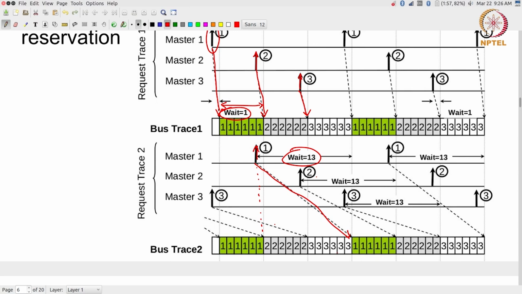All those issues can have impacts on the latency. In other words, this can potentially lead to high latency, right? But as far as fairness is concerned, it is a much fairer distribution of bandwidth than the original static priority based system.